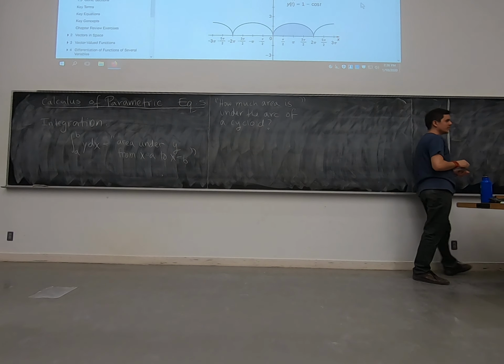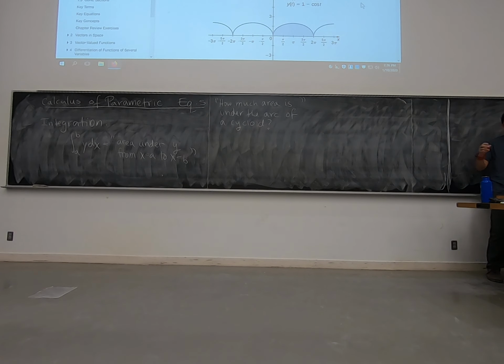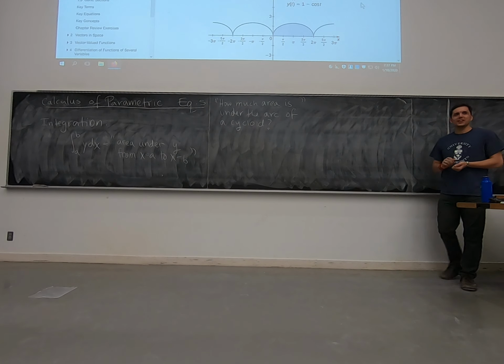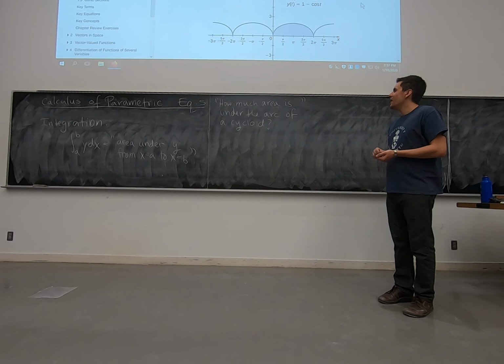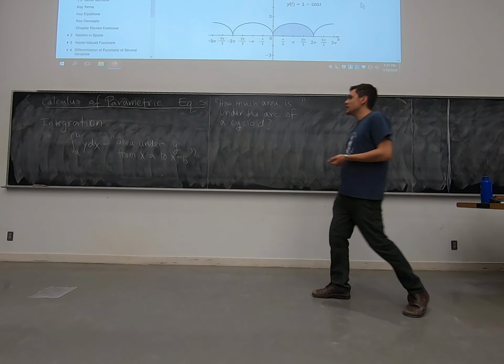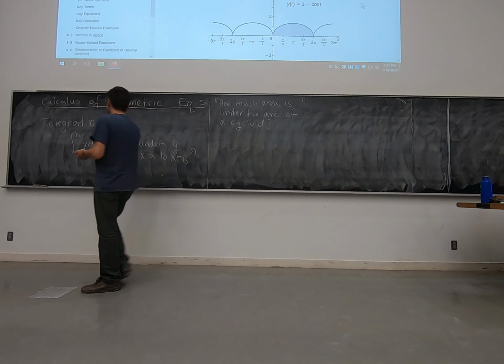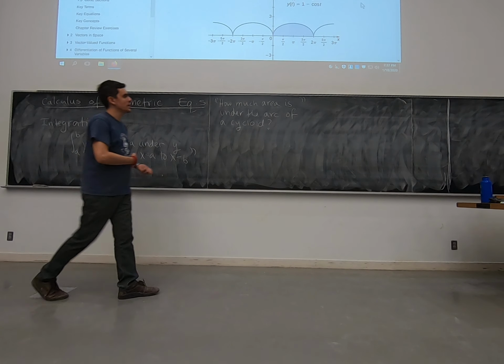So Galileo answered this question by making a cycloid with a physical wheel, cutting the thing out of metal, weighing it, which is like a super duper hardcore way to do a calculation. But yeah, let's see what we can do to calculate out that sort of thing.